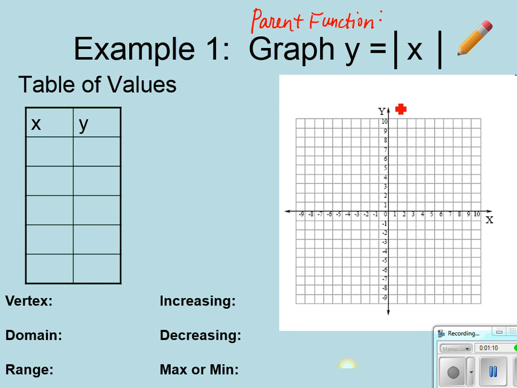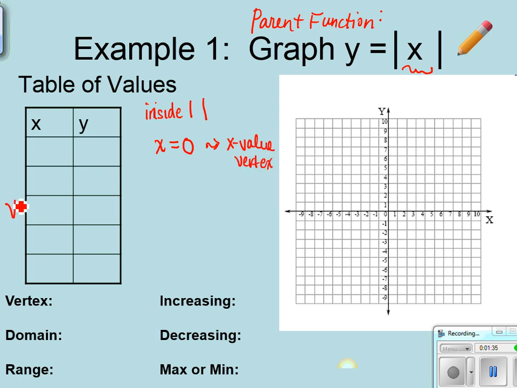So what we do is we take what's inside the absolute value, which is the x, and we set it equal to 0. Okay? And what this gives us is the x value of our vertex.